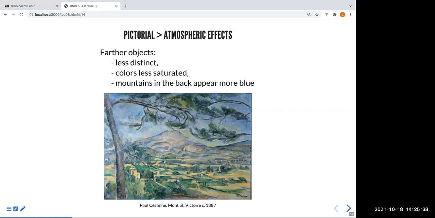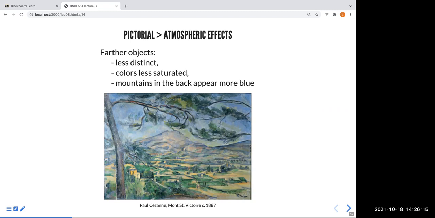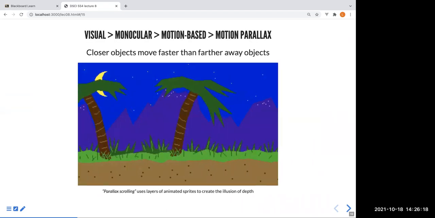The colors tend to be less saturated, because there is more light coming into play. And so the colors are not as saturated as you would expect. And usually, if you have a nice blue sky, then the color of the sky is going to impact the color of the scenery. So you see in this painting, for instance, the mountains are painted in this bluish color. And again, all of these are clues that the brain is using to understand 3D.